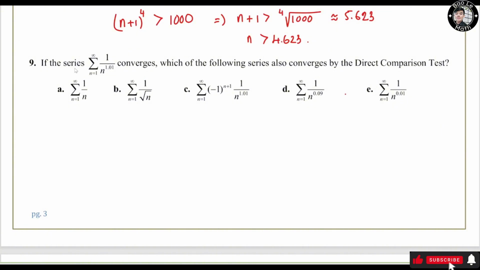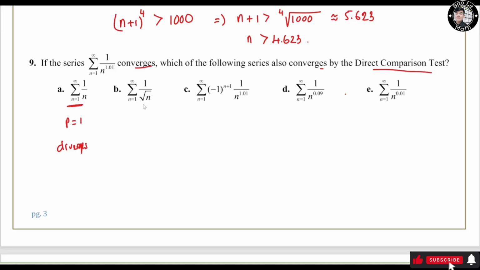Question 9. If the series a sub n equals 1 over n raised to the 1.01 converges, which of the following series also converges by the direct comparison test? Question A. This is actually the harmonic series where p equals 1, so this one diverges by the p series.